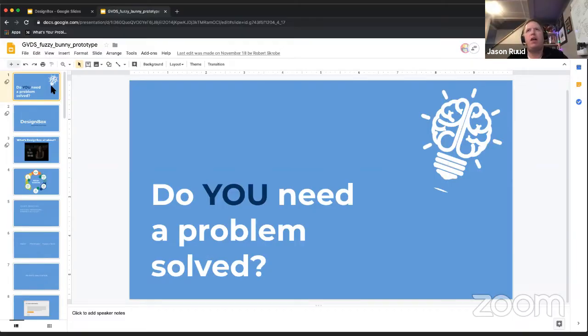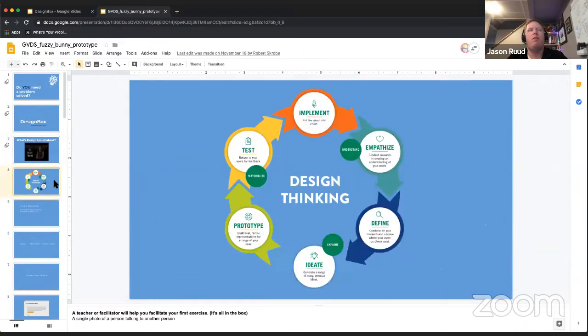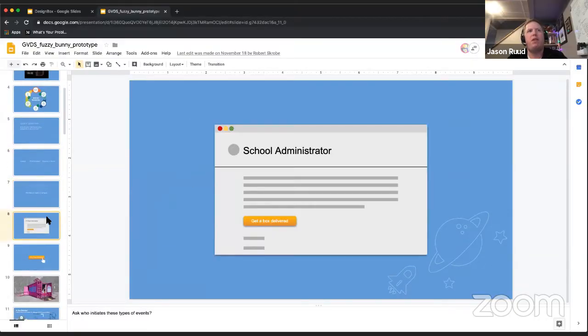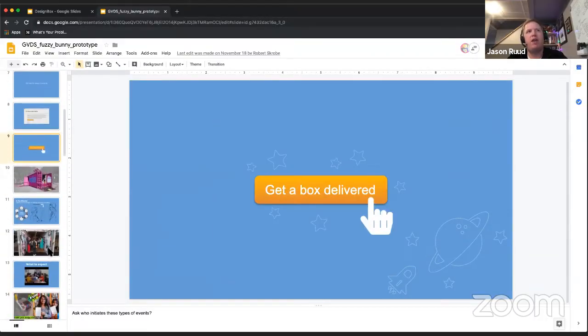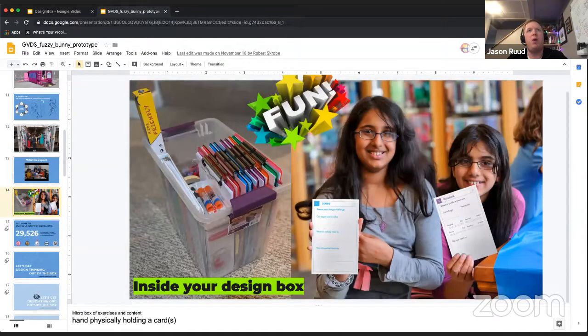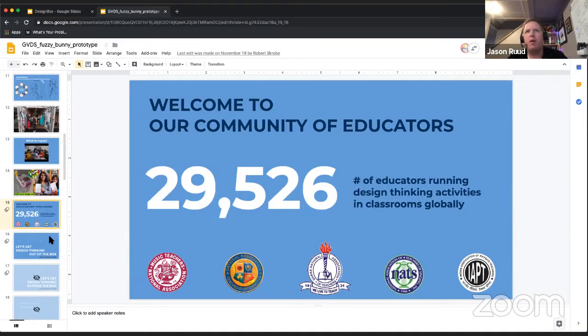So we took the approach of telling a story about the box and the importance of design thinking for those who may not have understood what design thinking was all about, and how we might actually present this to a school and get an institution engaged in discovering what design thinking and a design box could do, and then some of the things that we might leave behind with the classroom, and then if this was promoted by other education associations, how might that influence their thinking?